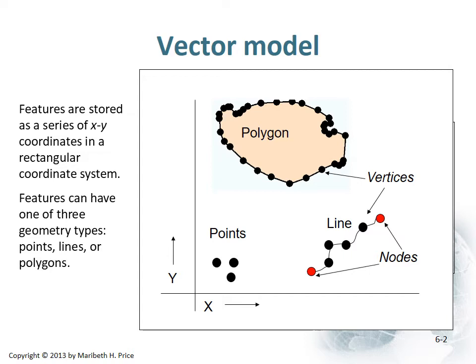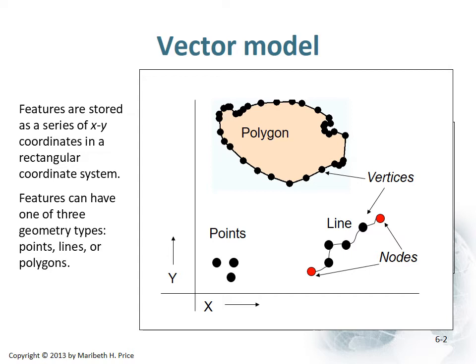Polygons are composed of a series of vertices that encompass the area and describe that area. Okay, so there's points, lines, and polygons again.